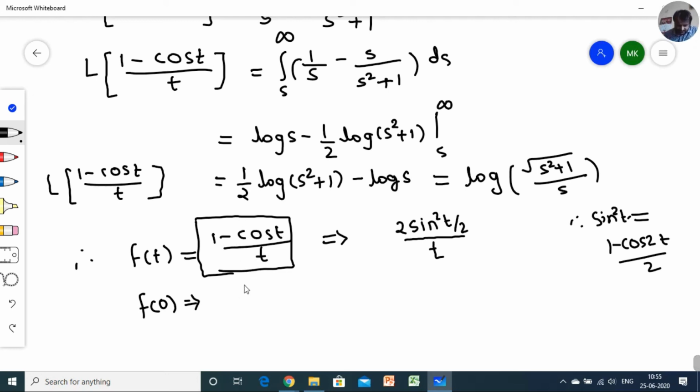Or if you see this part clearly, I can take this part as it is, 2 sine of t by 2 into sine t by 2 upon t, and if I substitute t equal to 0, this part is directly 0, and 0 into anything is 0.